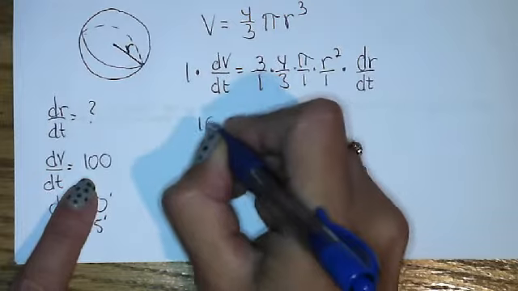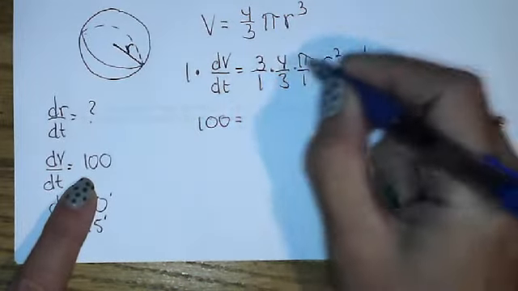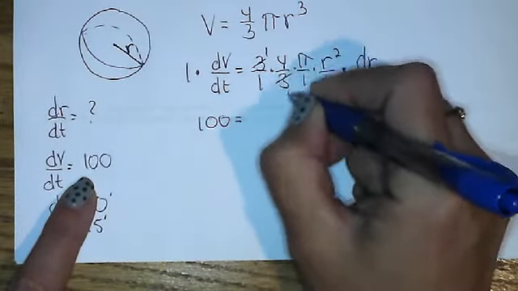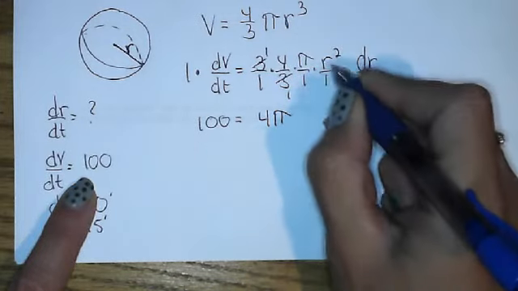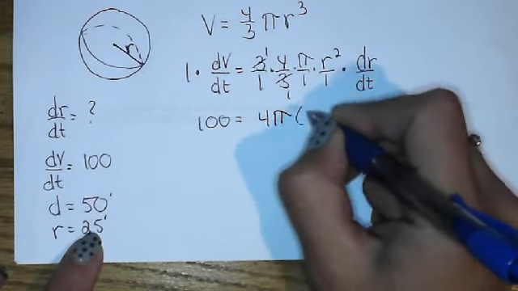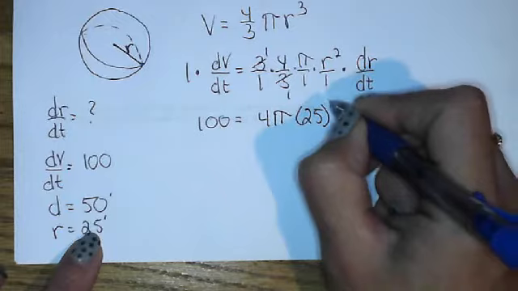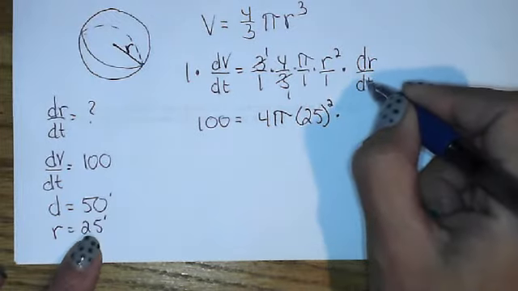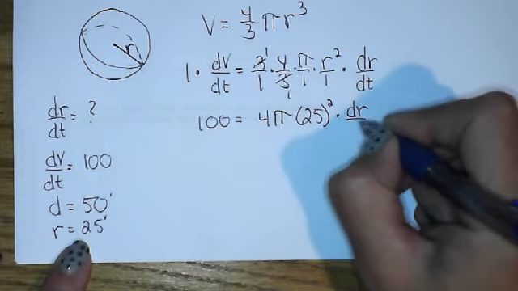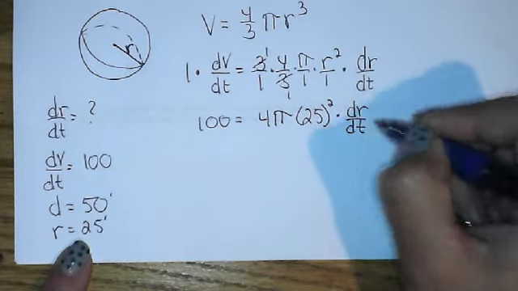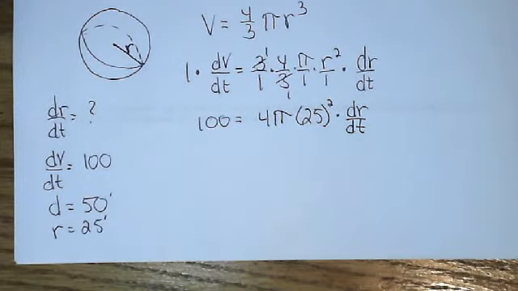So, 1 times anything, I don't have to worry about that. dv dt is the 100. Here I'm going to do a little simplifying. I'll have 4 pi, radius is 25. Got to square that. And then dr dt is what I'm trying to solve for.